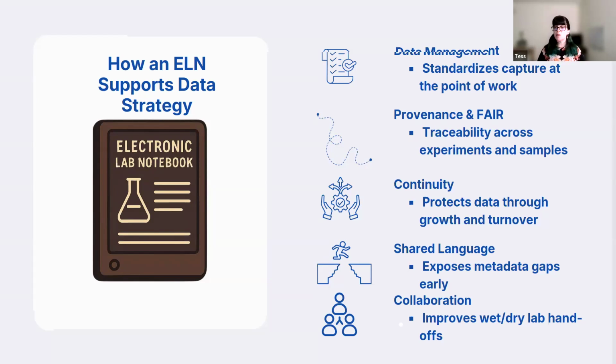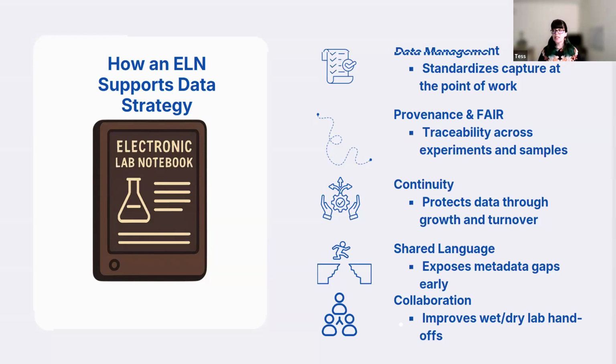It also helps with traceability. Because ELNs are electronic, you're able to access different data and find it usually through a search button. That allows you to trace certain things and pull up data really quickly. Whereas with a paper lab notebook, it can be really hard to organize and to find different data as more and more data is collected. The continuity issue is resolved as well when you have ELNs in place.